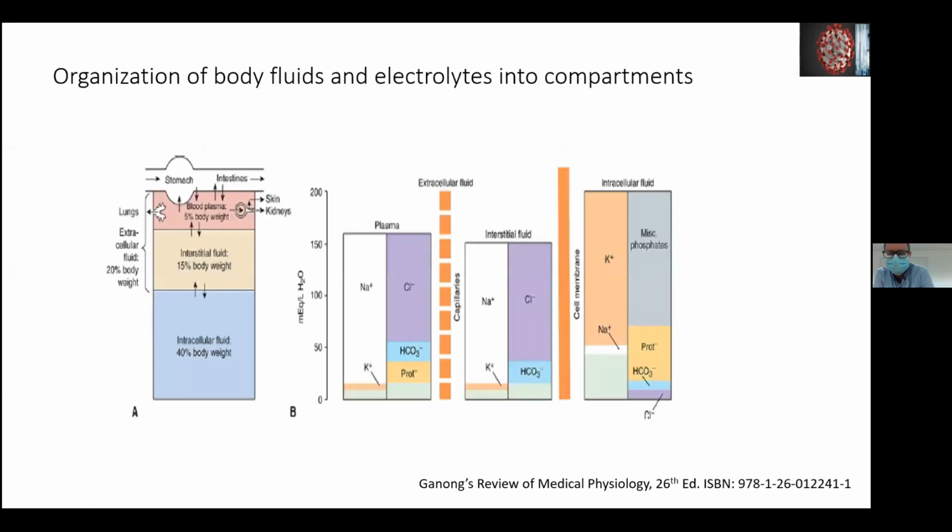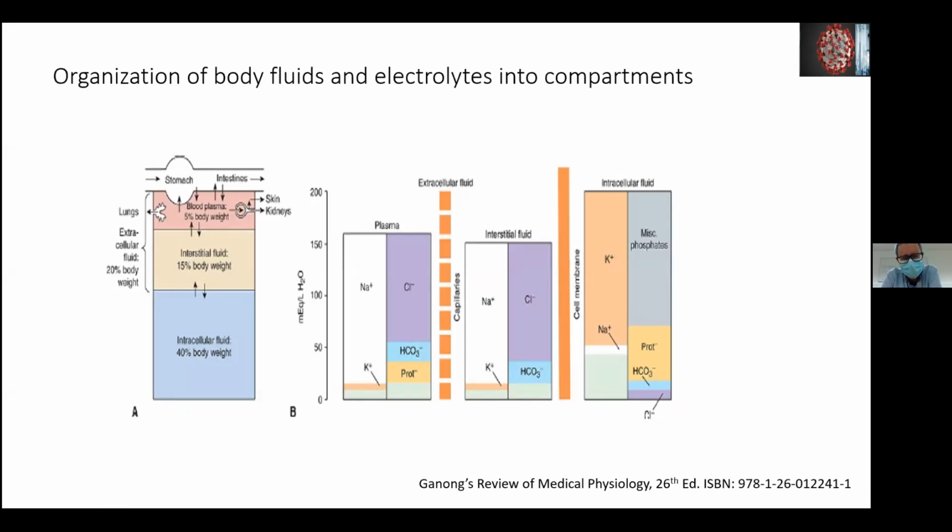In this basic thing that all of us know about physiology, there are two main compartments where the fluids and electrolytes are distributed, mainly the intracellular fluid and extracellular fluid. If you remember, intracellular fluid accounts for 40% of the body weight, while the extracellular fluid accounts for 20%.